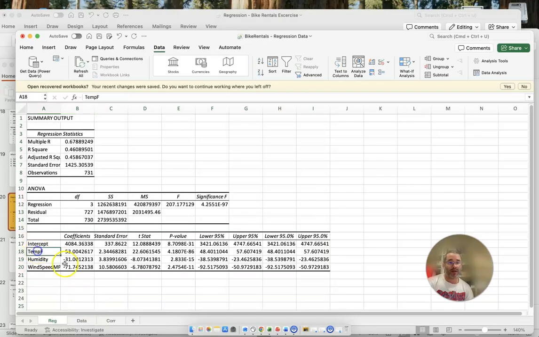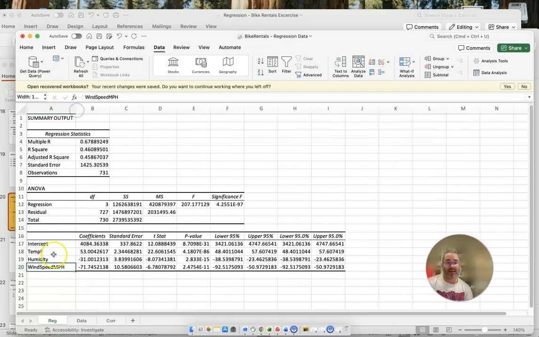Okay, and you see right here it says temperature, humidity, and wind speed. The reason it says that and not just something arbitrary is because I selected labels. If I hadn't selected labels, this would just say like X1, X2, X3. You wouldn't know what it's talking about. So it is nice to include those labels. That's a bit of a moot point, but nonetheless, that's why we do that.